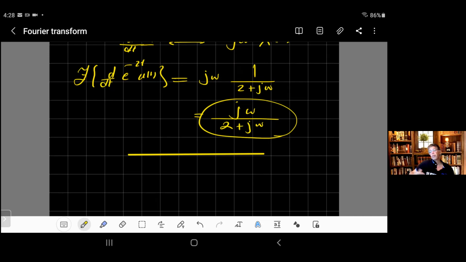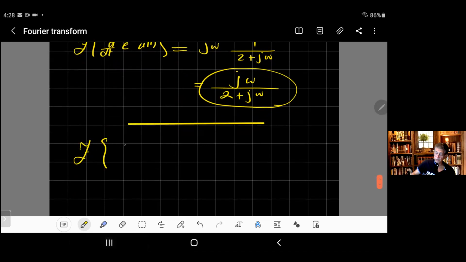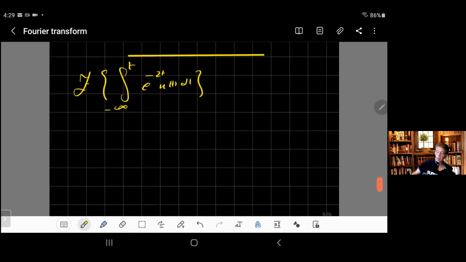Now, what about integration? If you want to find the Fourier transform of the integration of the same function, from minus infinity to t of e to the minus 2t u(t) dt. Do we have something? Yes, there is a rule. If you want to integrate a function and then find its Fourier transform, you will do the following.